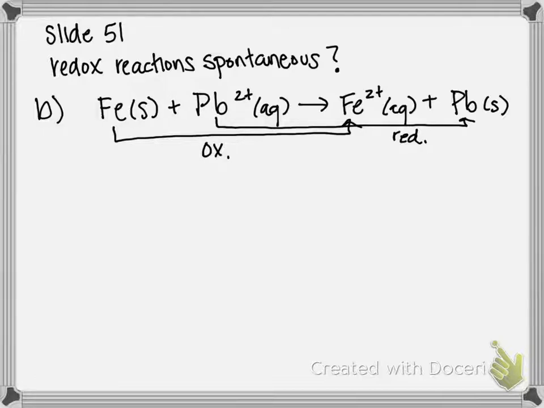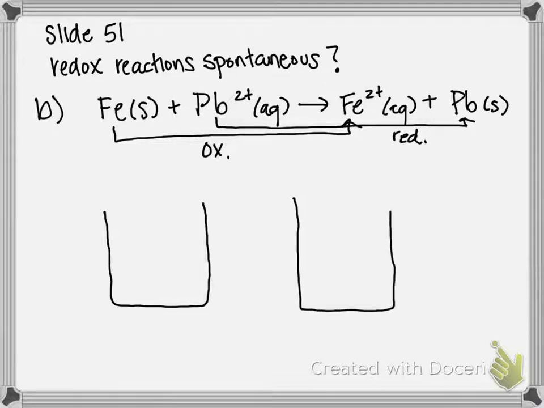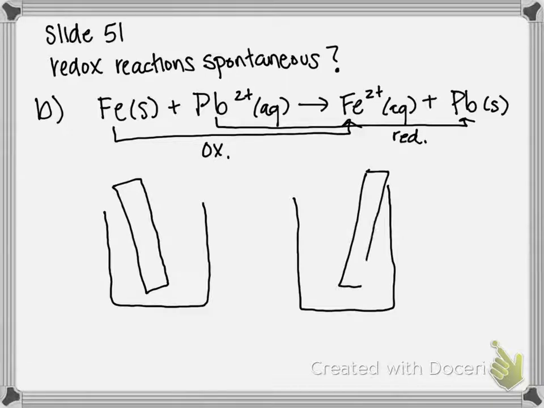So in any electrochemical cell, you're going to have a beaker where the reduction or oxidation is taking place and vice versa. So you're going to have two beakers, and both of these need to contain some sort of electrode. So I'm drawing that in the form of a solid strip.